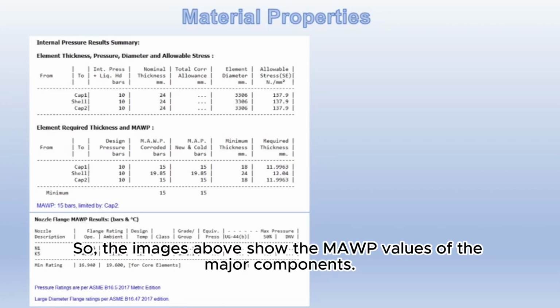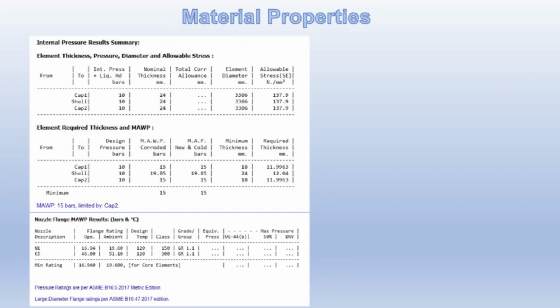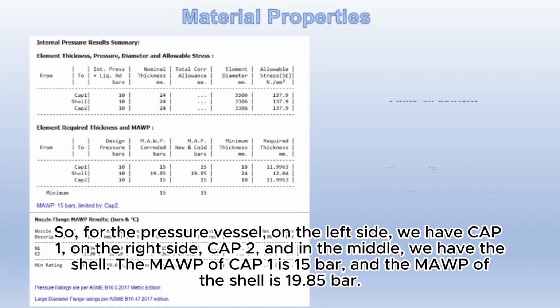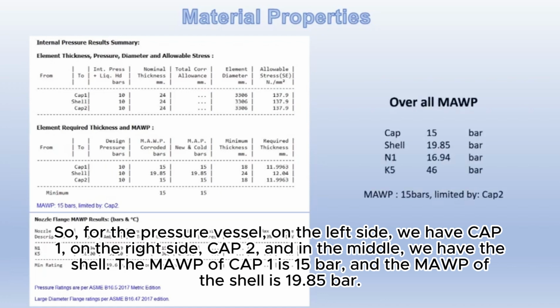So the images above show the MAWP values of the major components. For the pressure vessel, on the left side we have cap 1, on the right side cap 2, and in the middle we have the shell. The MAWP of cap 1 is 15 bar, and the MAWP of the shell is 19.85 bar.